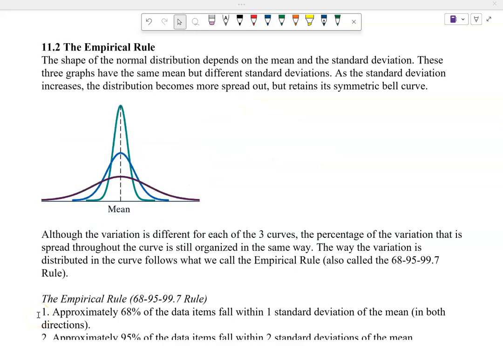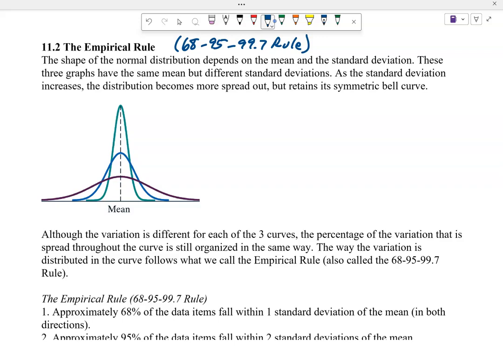All right, now we're going to get into the empirical rule. This is also referred to as the 68, 95, 99.7 rule. If you look at these bell curves here in blue, purple, and green, all of them have the same mean, median, and mode, right?